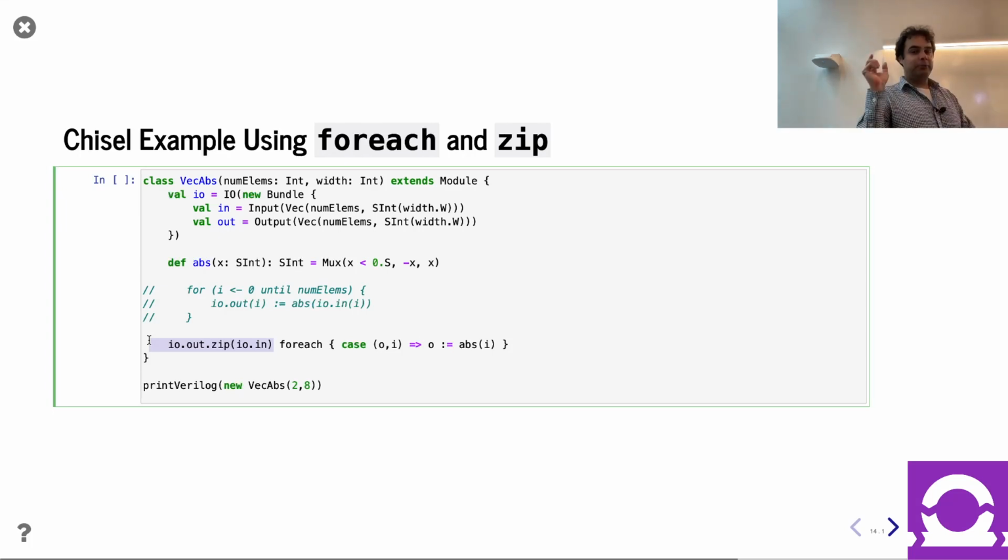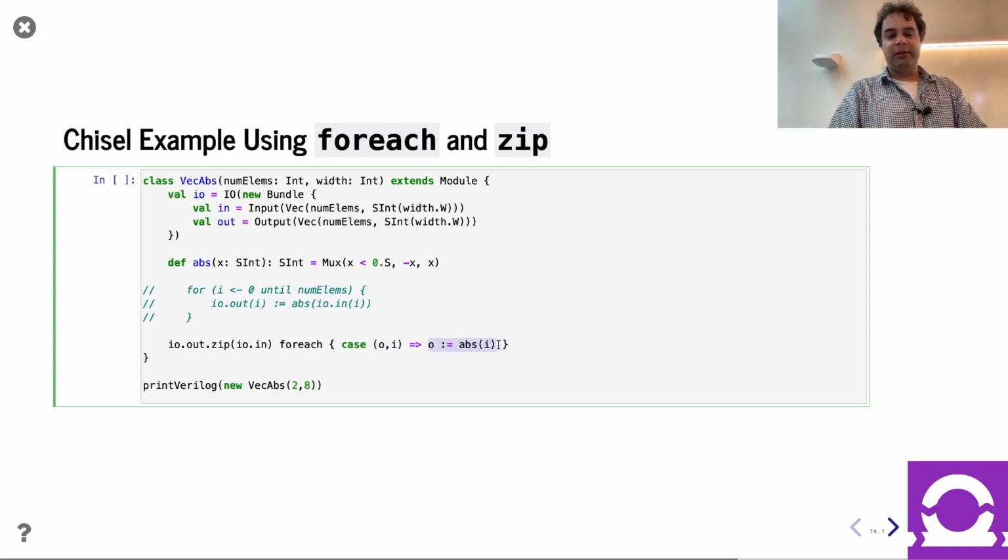So input 0 is zipped with output 0 in a pair, input 1 is zipped with output 1 in a pair, right? And so after the zip call we have all the outputs paired with each of their corresponding inputs. I'm using the convention of output, input. And yeah, we can go ahead and connect them.